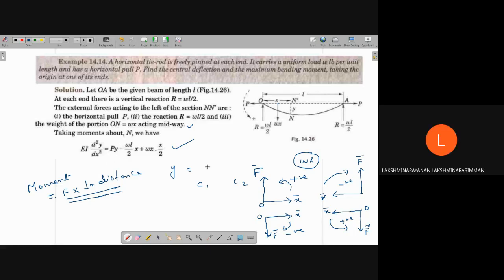Third diagram, sir. Third. You should take the moment about n, not about origin.